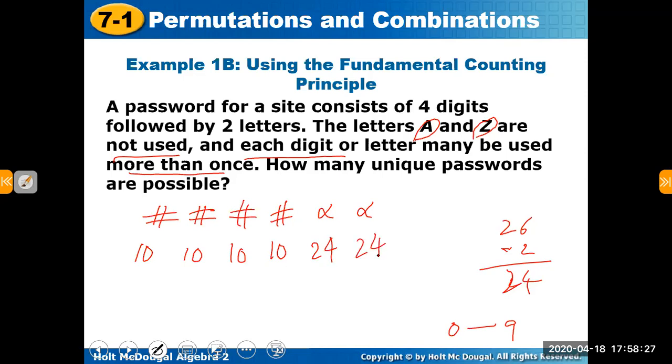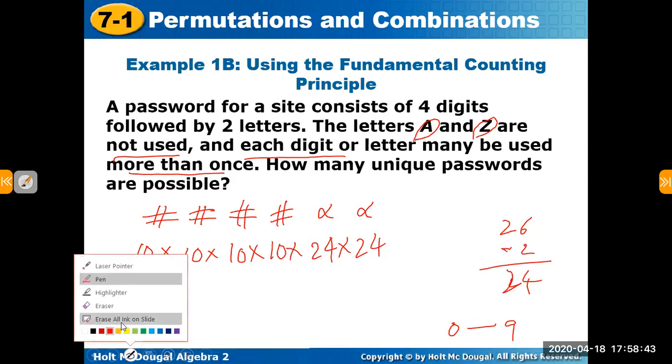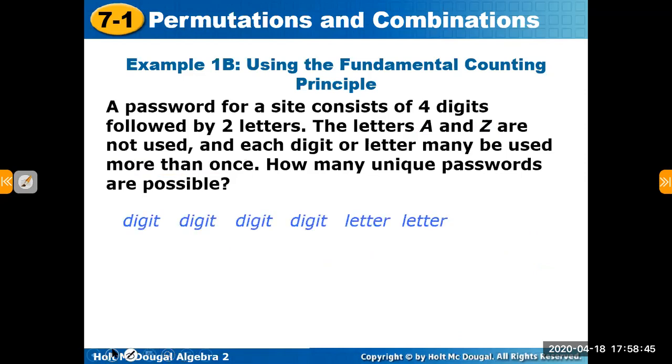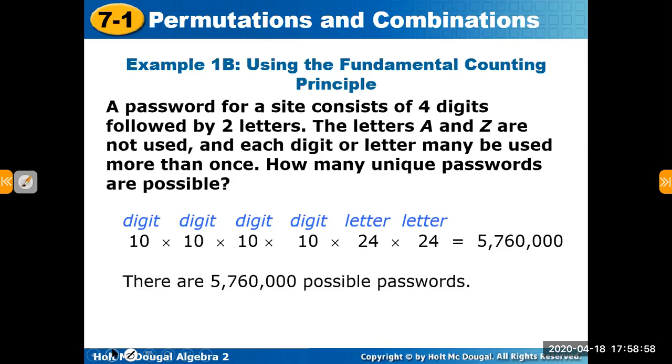So using the fundamental counting principle, I just have to multiply the options with each other to get the final result, which is 5,760,000 passwords possible using the given methodology.